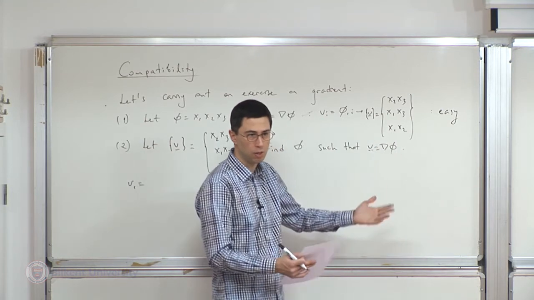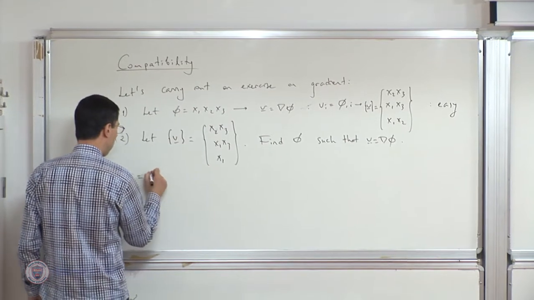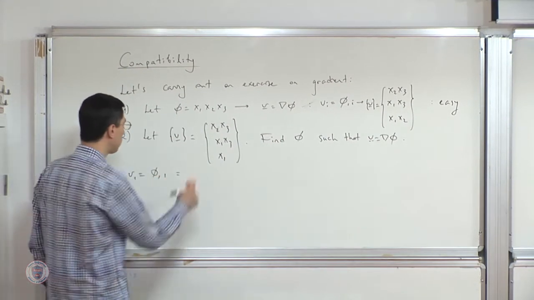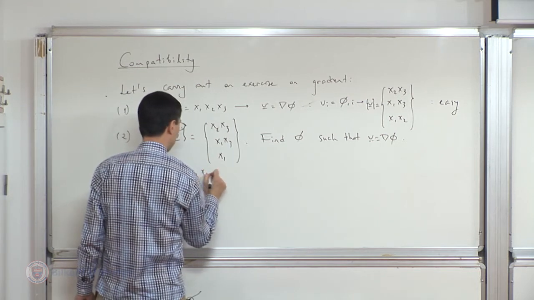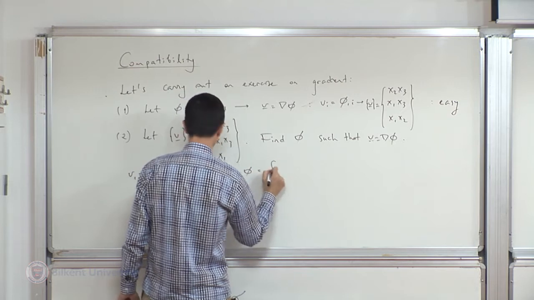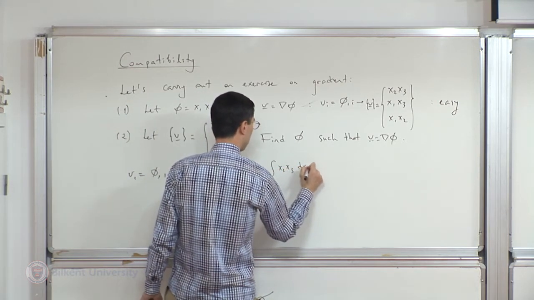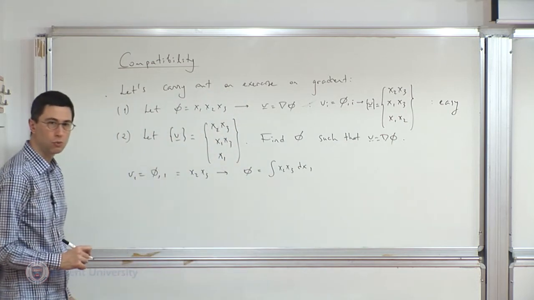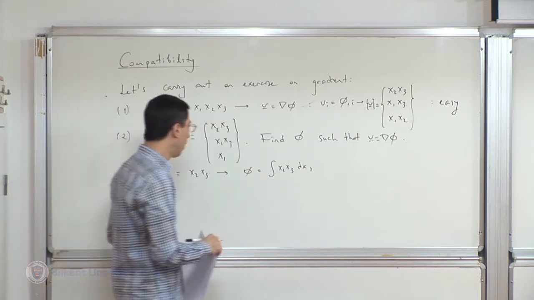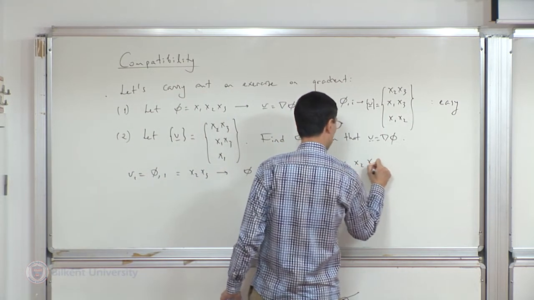That's the assumption, and now I'm trying to calculate phi. If there is such a phi, then v1 is phi comma 1, and that is equal to x2, x3. So phi is the integral of x2, x3 dx1, because the partial derivative was with respect to 1. So phi must be equal to x1, x2, x3.